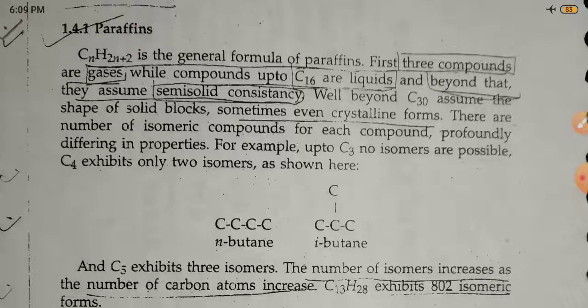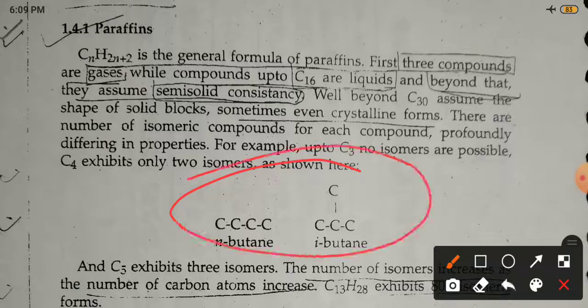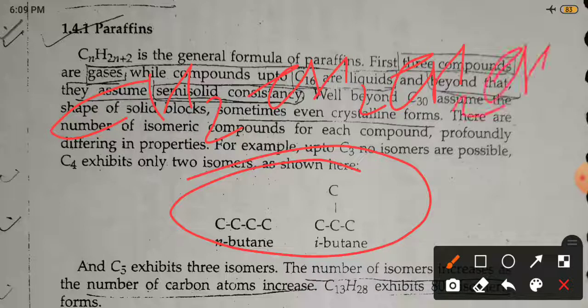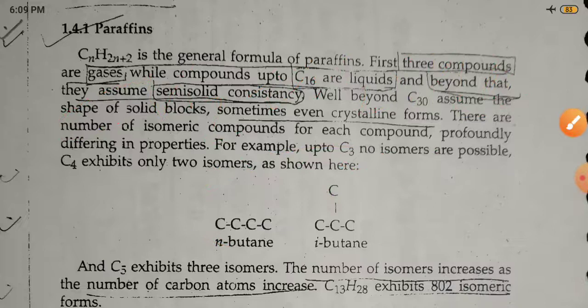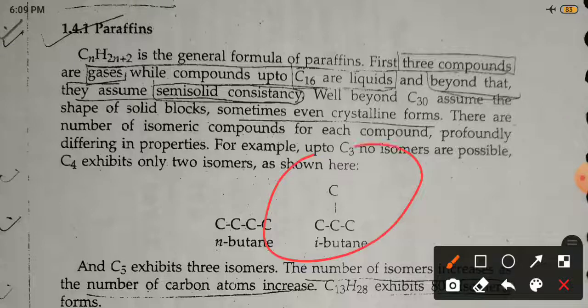Simply, the compound is this formation of CH2, CH2, CH2, CH2, with 4 carbons. Now this is n-butane, and this is isobutane.